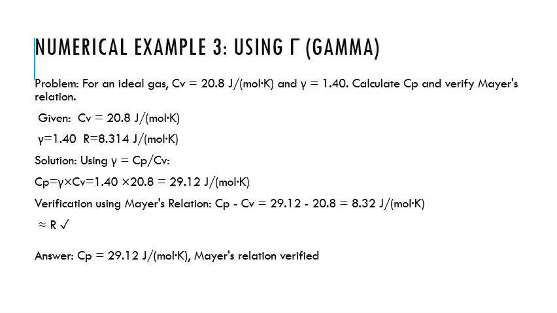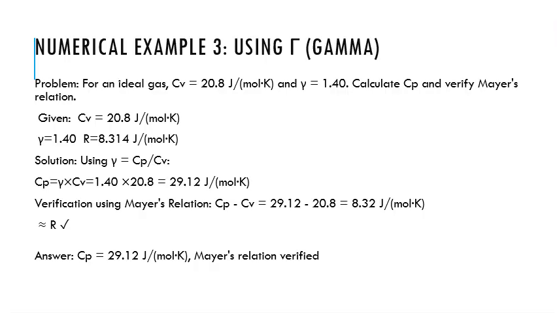Numerical example 3 using gamma. Let's use the heat capacity ratio. If Cv is equal to 20.8 joule per mole Kelvin and gamma is equal to 1.4, then Cp is simply gamma into Cv, which gives 29.12 joule per mole Kelvin.